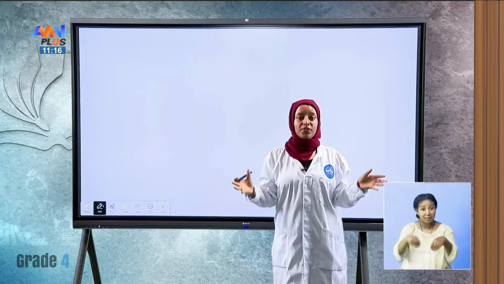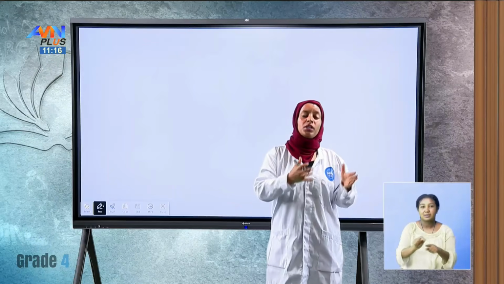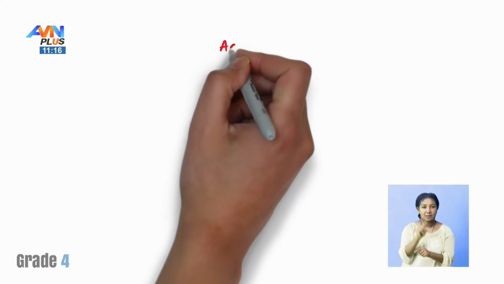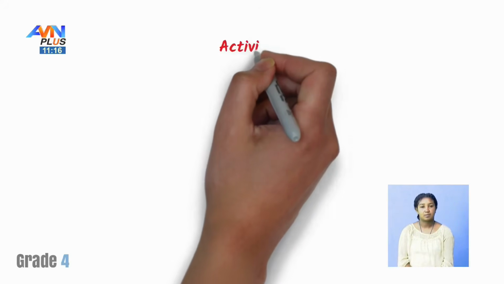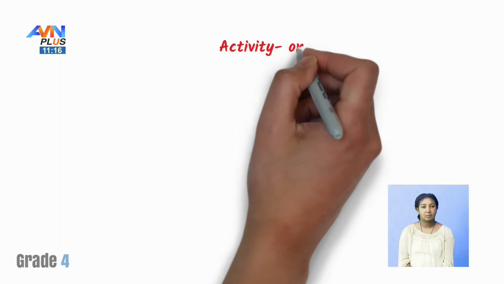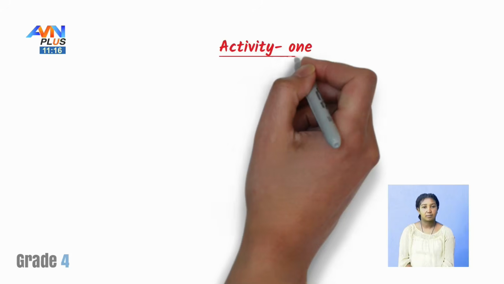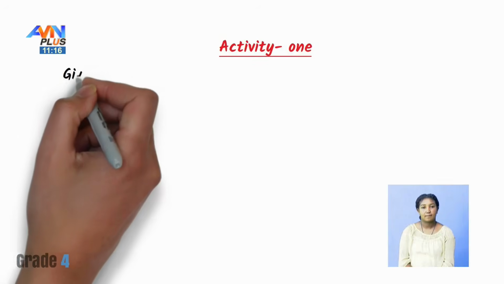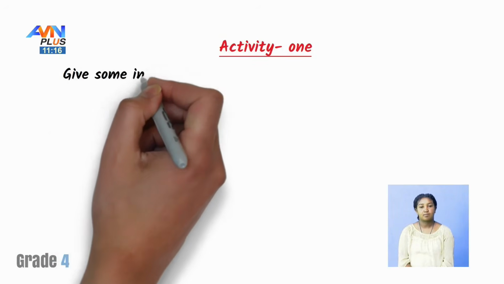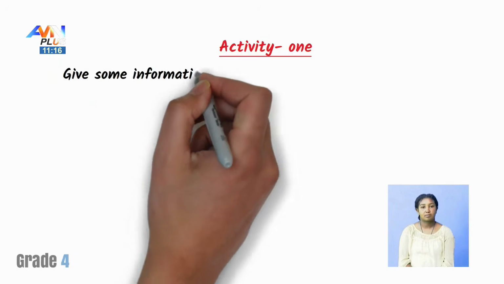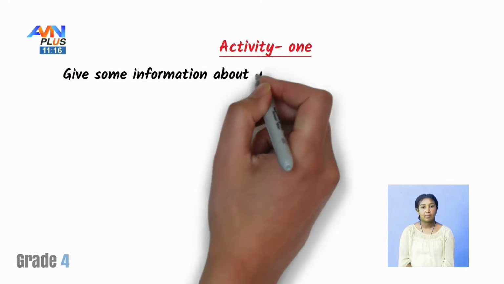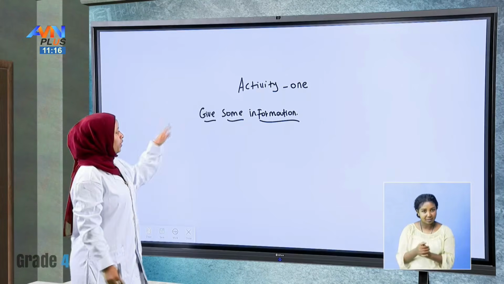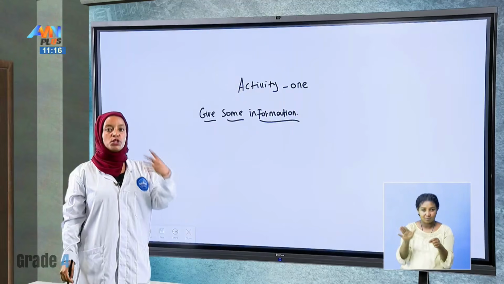Let me give you some activity and let us practice the difference between personal information and famous people information. Okay, activity 1. Give some information. Okay, students, let us start with, when I give you these questions, fill the blanks with your personal information.